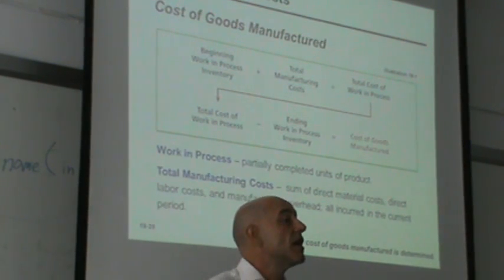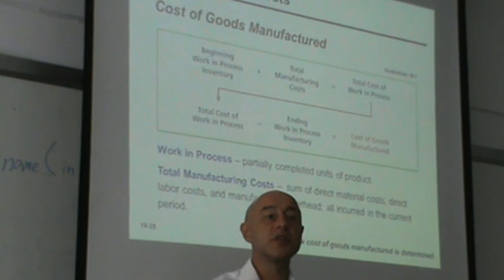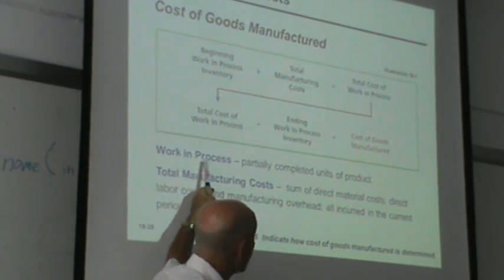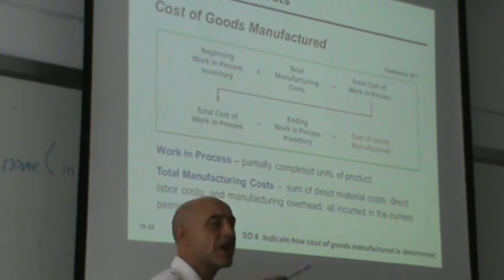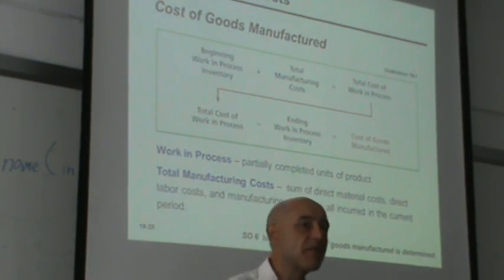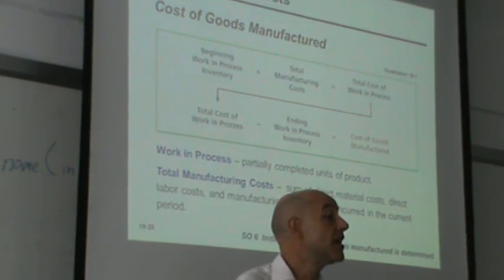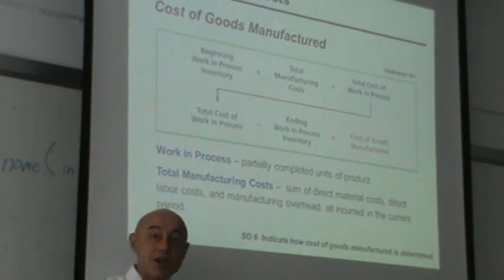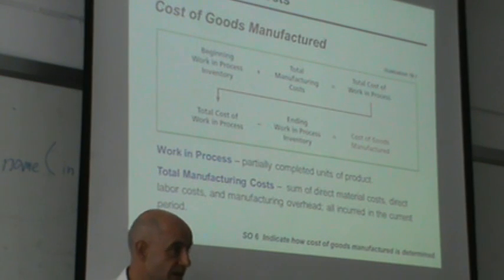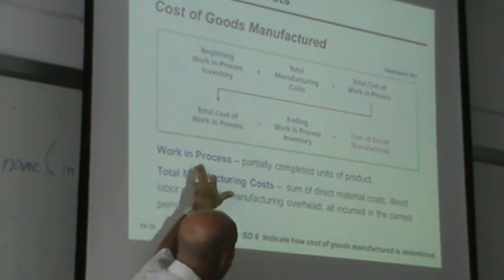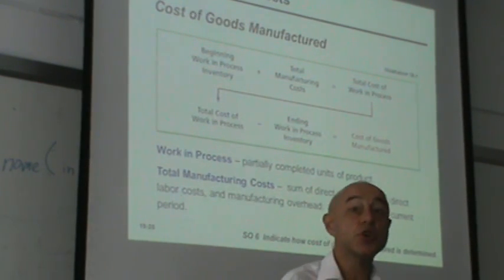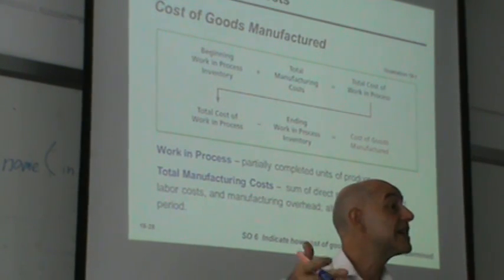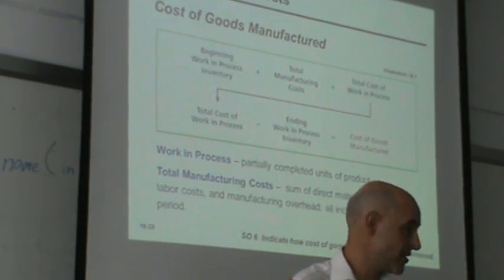So, in every manufacturing process, you usually will have some work in process, something that you're currently working on at the end of the month, but it's not yet complete, okay? Examples will be you as a service. This course is work in process. We already have 2 weeks of this course. It's going to be completed when we finish 16 weeks, okay?